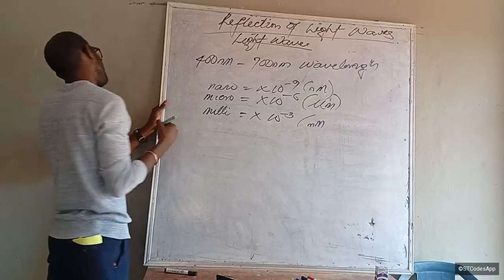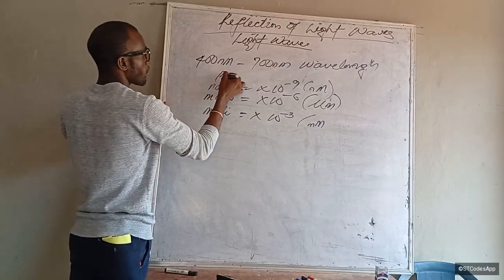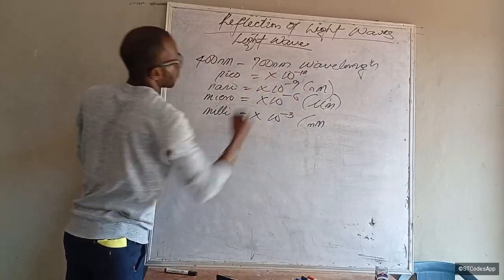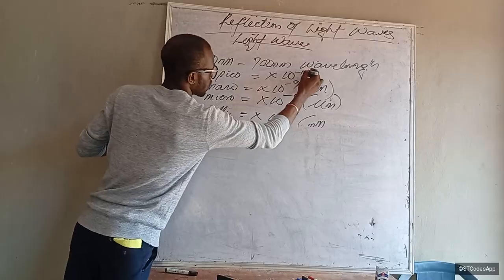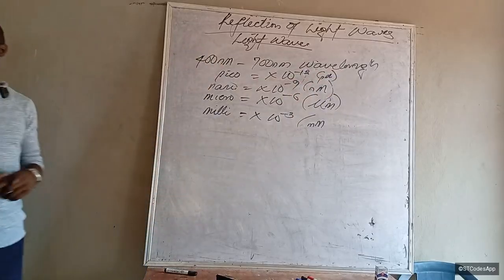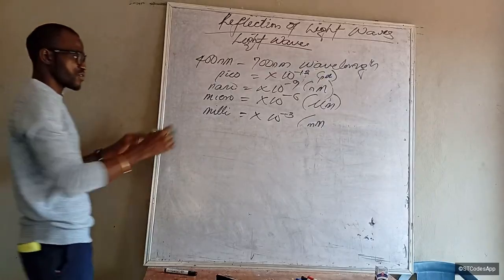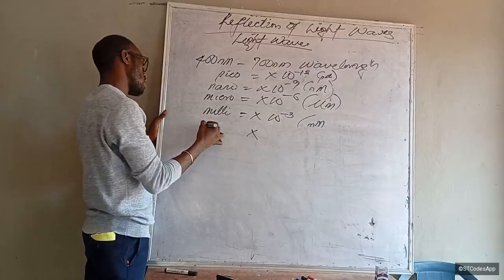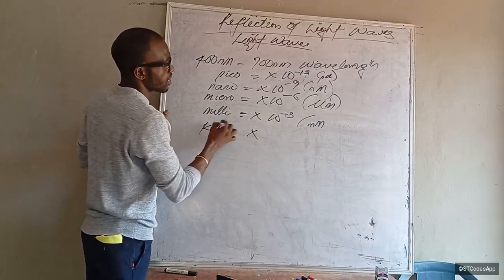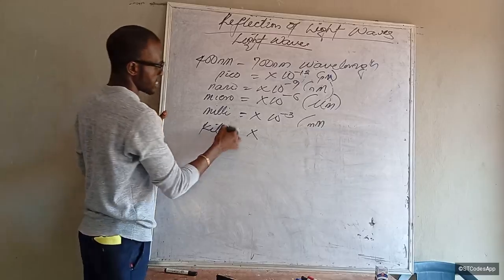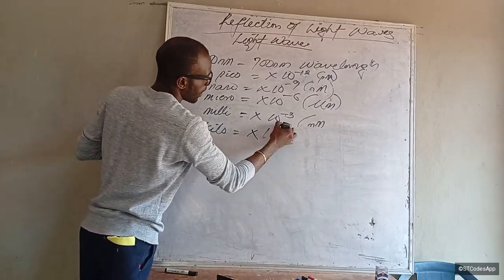The next one is pico, times 10 to the power minus 12, as in picometer. For now, let's stop here. Then, if you want to advance forward, if you hear kilo, this one is times 10 to the power 3.